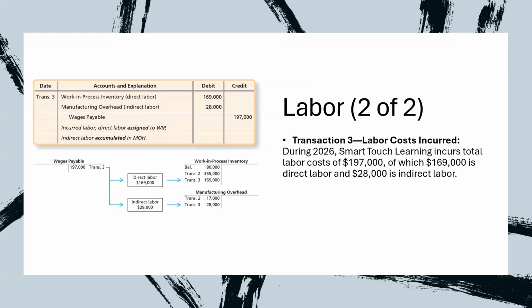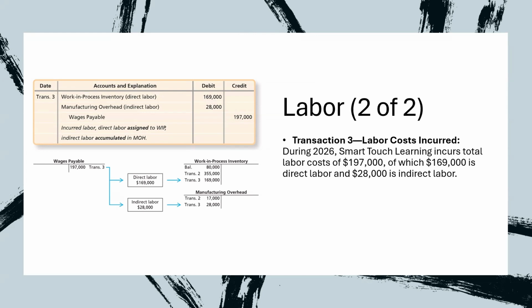So the total cost of direct labor is debited to work in process inventory.